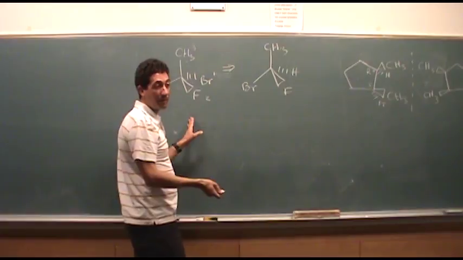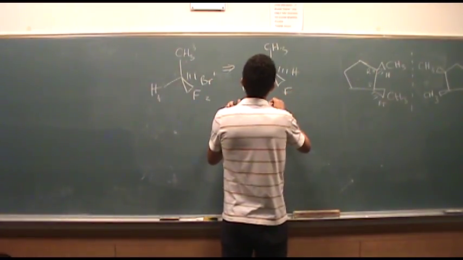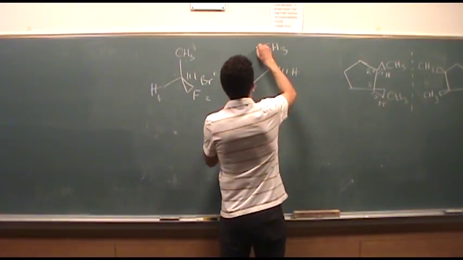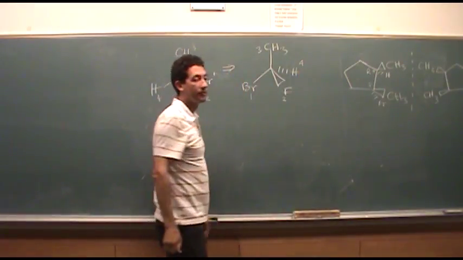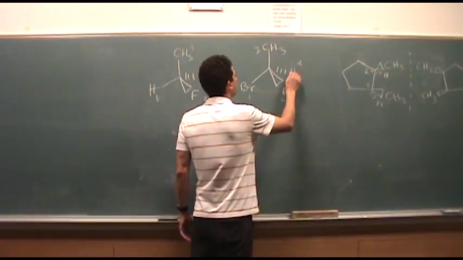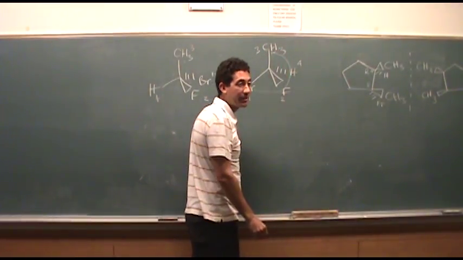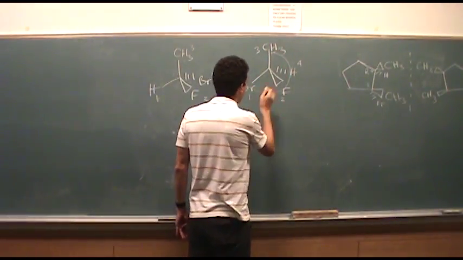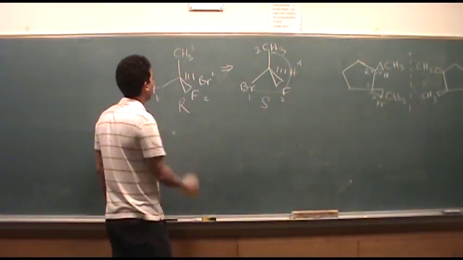And then I rewrite the numbering. And then ignore the 4 and connect from 1 to 2 to 3 in an arc-like fashion. This is turning left, so this must be S.